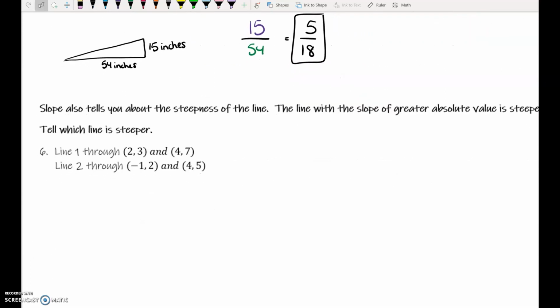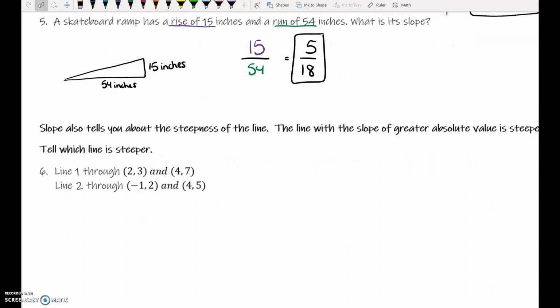Slope also tells you about the steepness of a line. The line with the slope of greater absolute value is steeper. So ignoring the negatives, the bigger number is steeper. That means if I've got a slope of 2 versus a slope of 5, which one is steeper? 5.